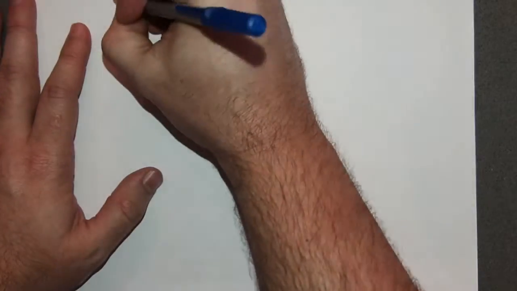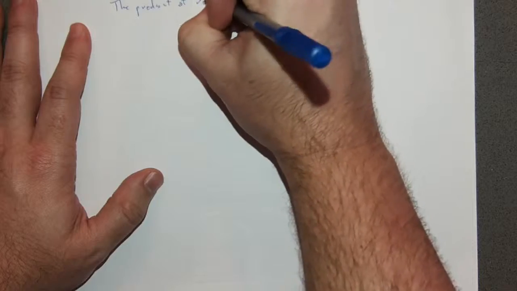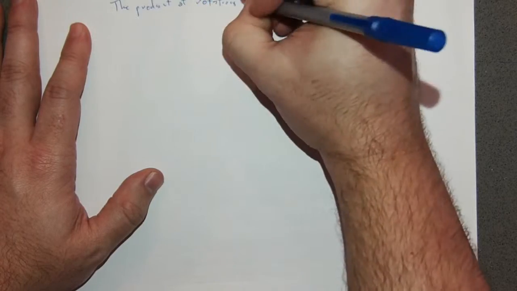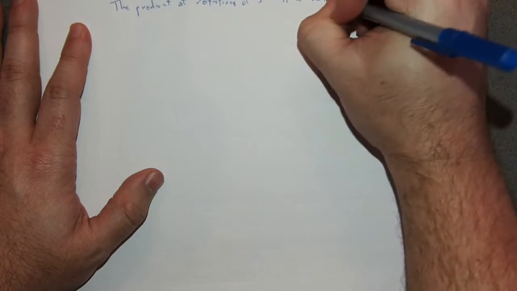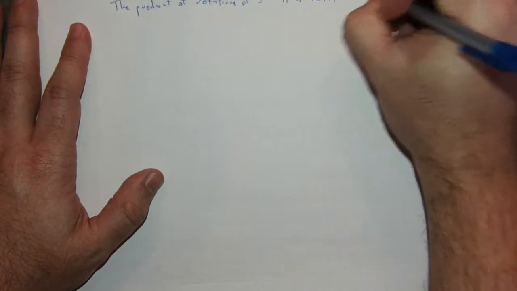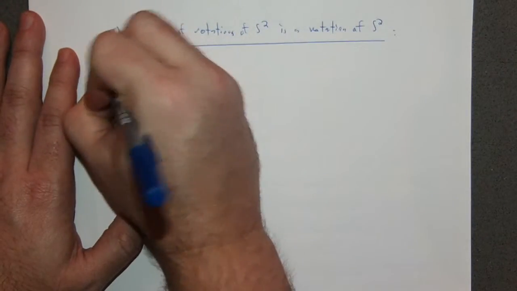So that's what I really want to prove: the product of rotations of S2 is a rotation of S2. This is what I'm proving. So, proof.